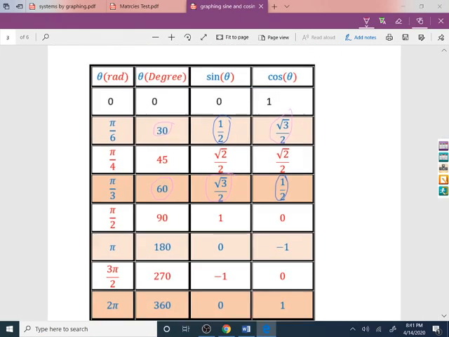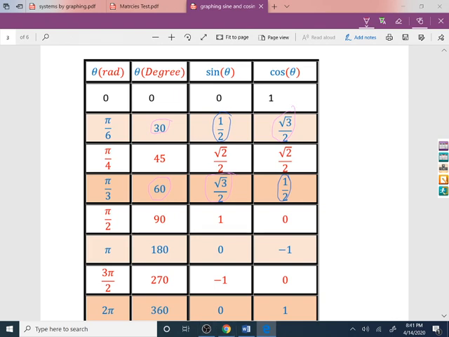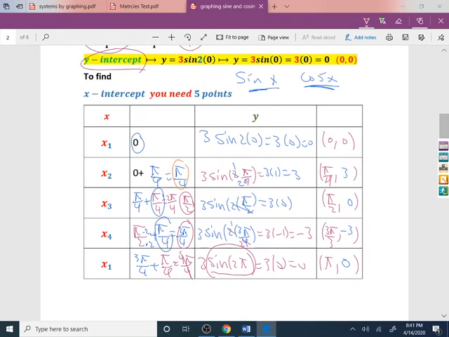A little bit larger, okay. You see, sine 2 pi equals 0. Sine 3 pi over 2 equals negative 1. Okay. We need these points, 0, 0, and we have pi over 4, 0. Let me just graph this point. And I know my domain, my range from 3 to negative 3.